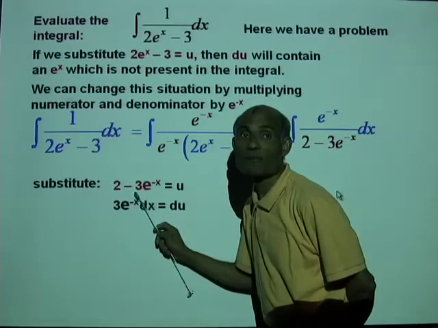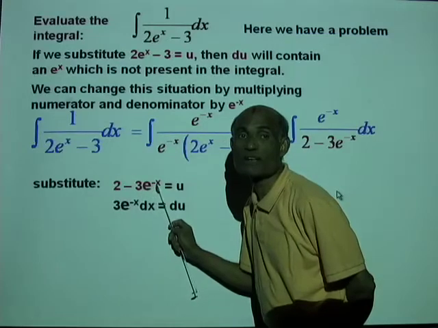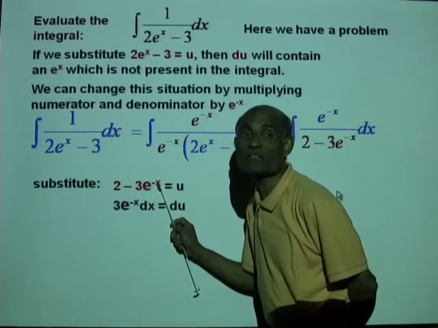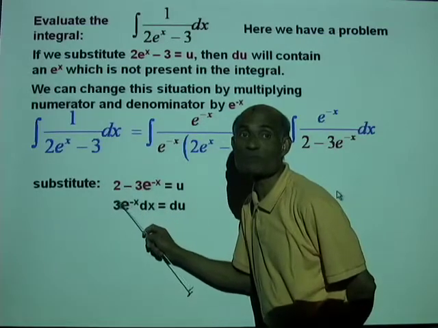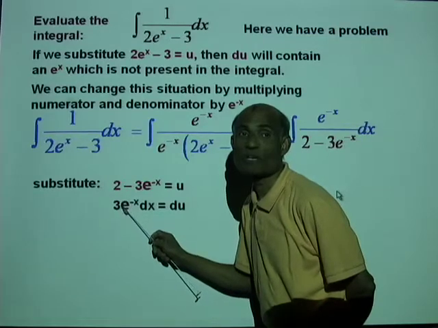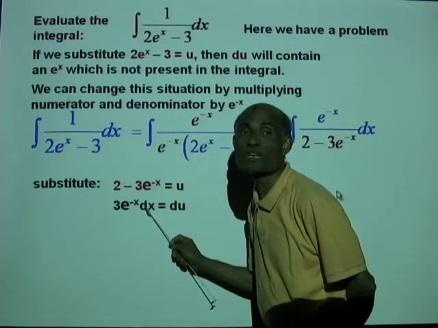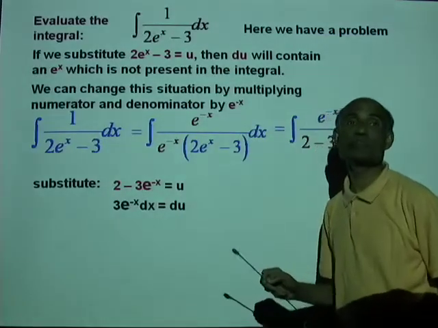Check it again. Negative 3 times, find the differential of e to the negative x. It will be e to the negative x times negative 1. That negative 1 times negative 3 gives me positive 3. So positive 3 e to the negative x dx is the differential there, and differential of u is du.